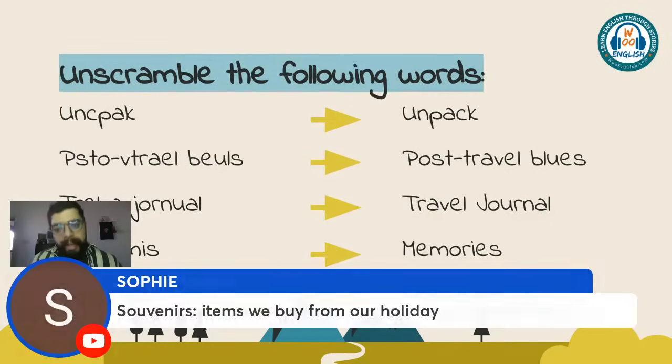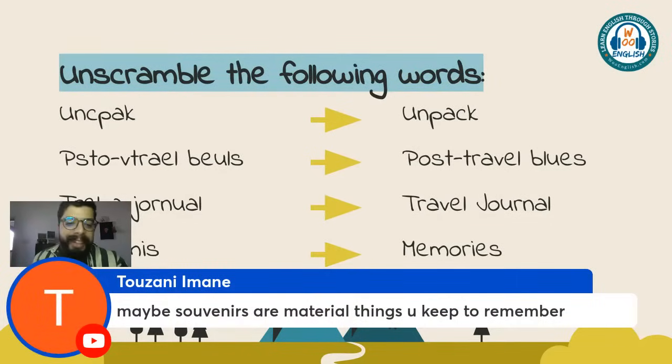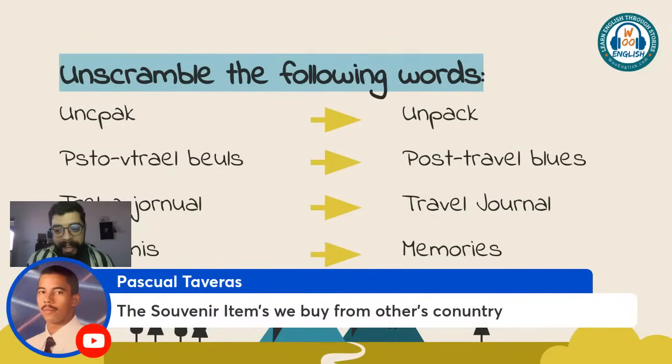Okay, now we are talking, Iman. Maybe souvenirs are material things you keep to remember. But souvenir is this. This is a souvenir, right? Souvenirs are the physical objects, the things that I bring with me from a certain journey, right? Okay, items we buy in another country.